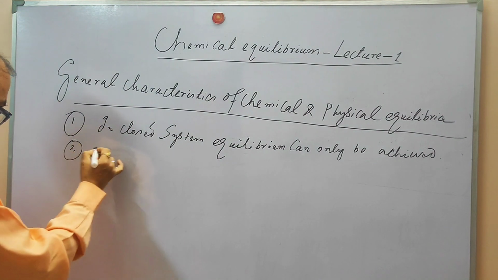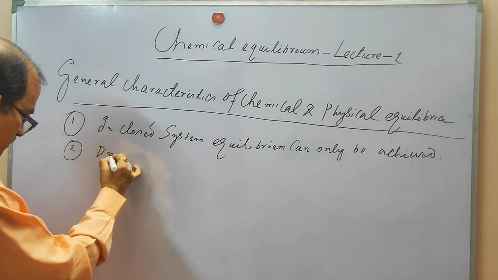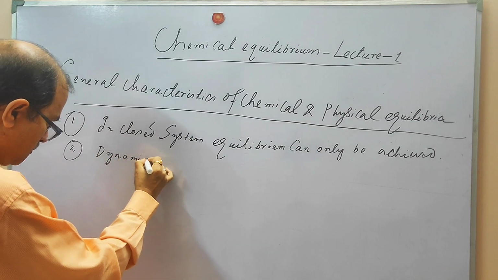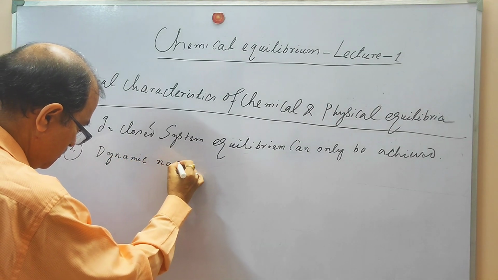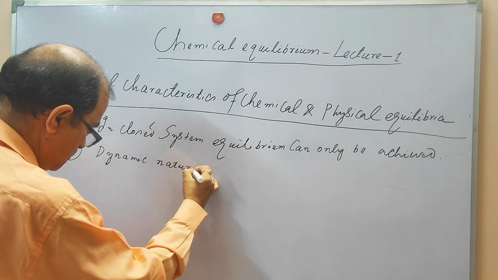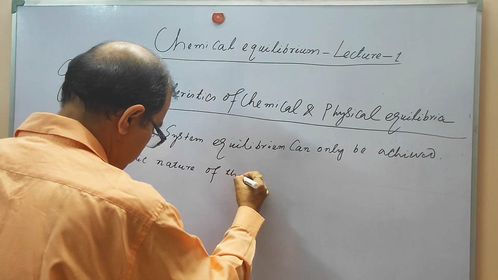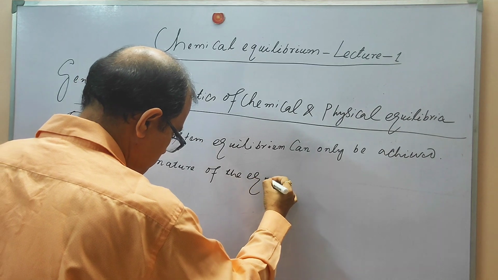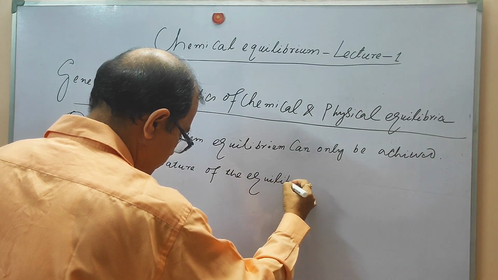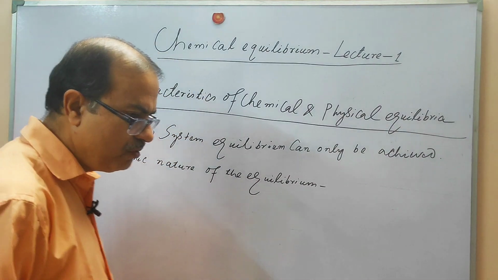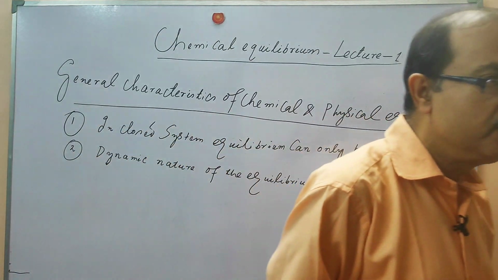Second point, the dynamic nature of the equilibrium. Dynamic nature of the equilibrium means that at equilibrium, the process is still going on.